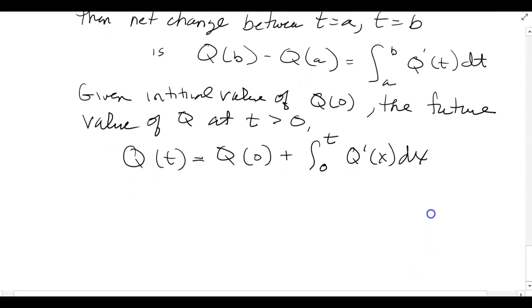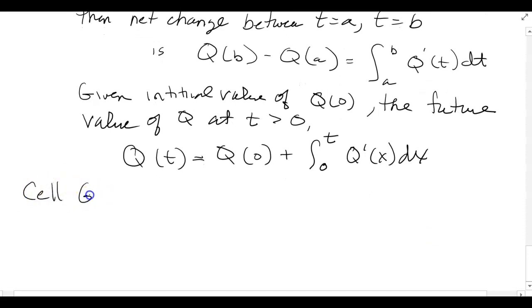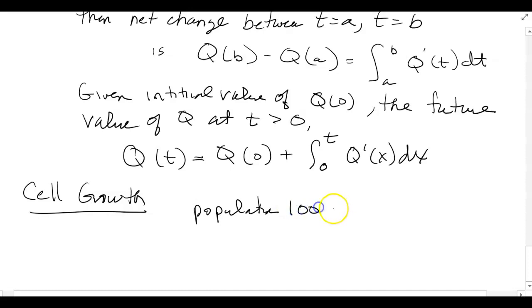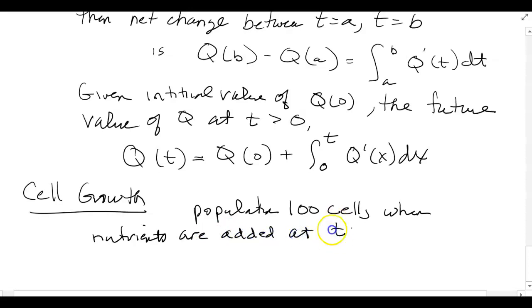So we can take a look at a real quick one on cell growth. So let's suppose a culture of cells in a lab has a population of 100 cells when some nutrients are added to those cells, at t equaling 0. So we have 100 cells in a culture, and we add some nutrients.